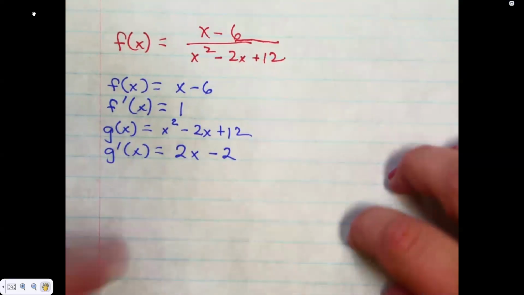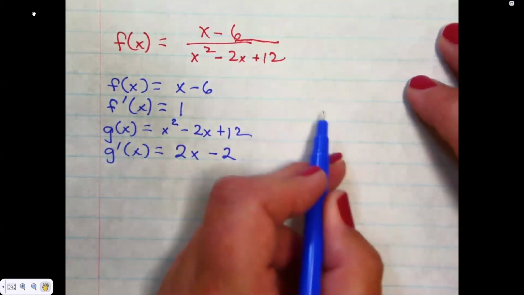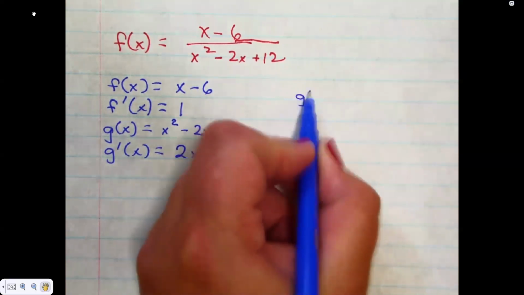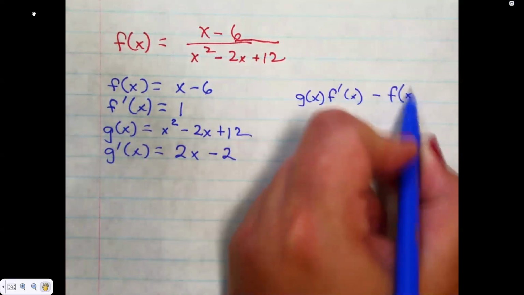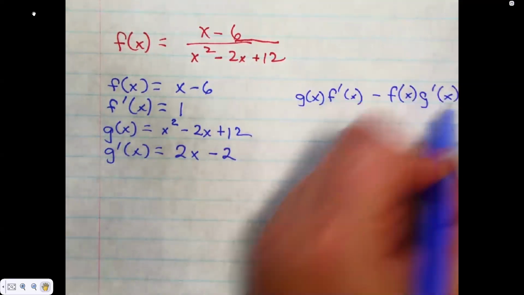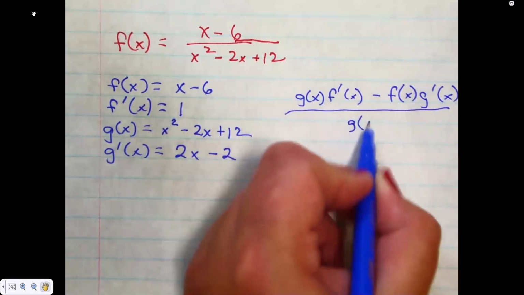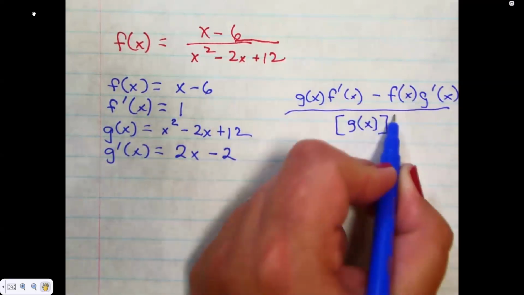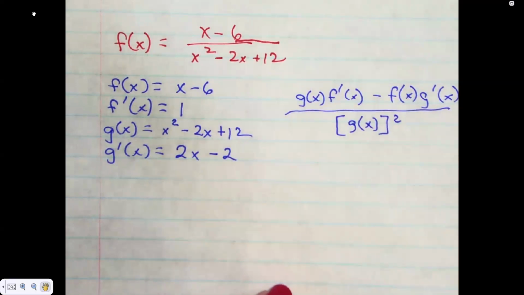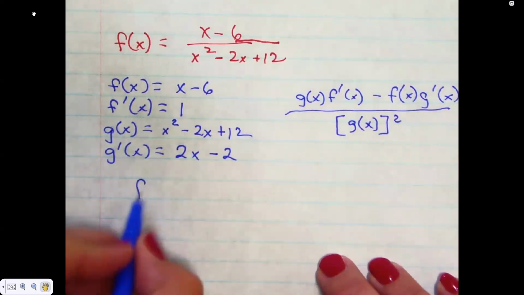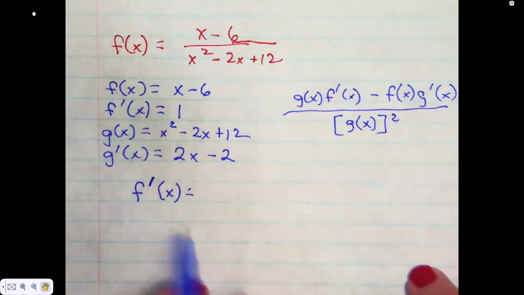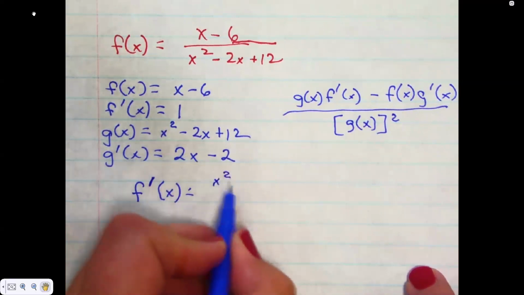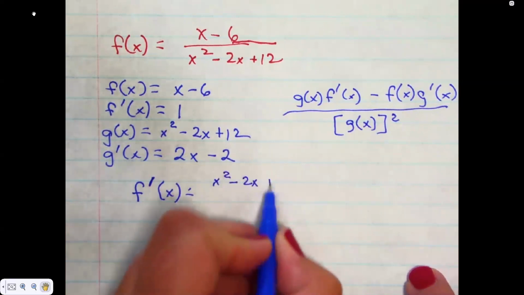Let's write it over here. Remember, it's g times the derivative of f, minus f times the derivative of g, all over g squared. So let's plug that in. I'm going to mark this as the official function derivative. G is that trinomial, x squared minus 2x plus 12.